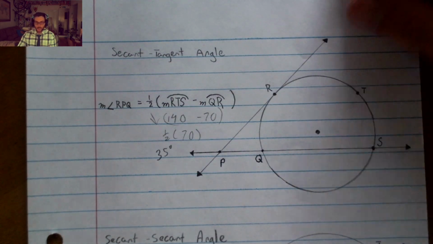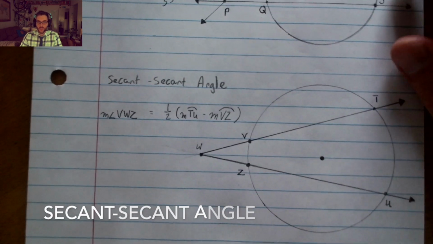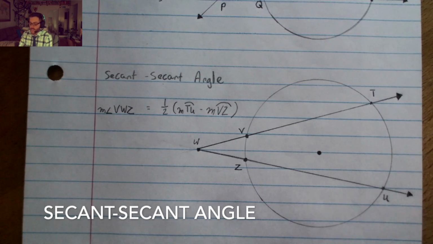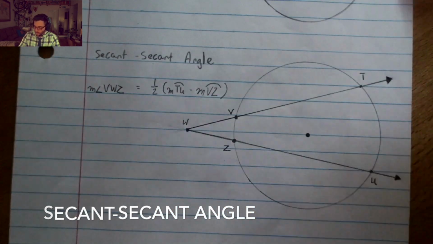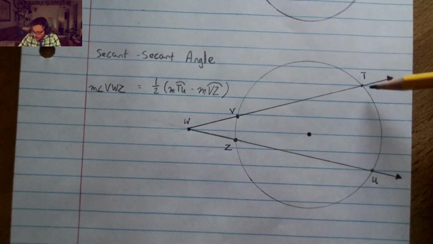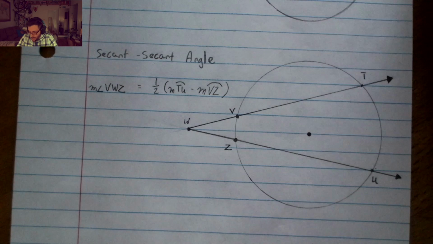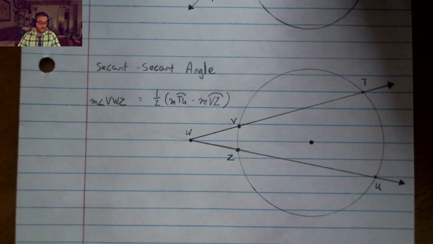Our next version, same exact process once again, but we're just using two secants this time, or two rays essentially. We take the value of the larger arc, subtract it by the small arc value, and multiply it by 1/2.